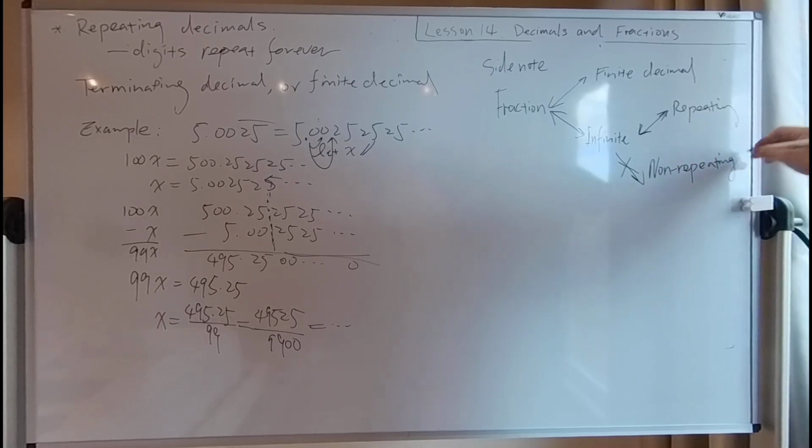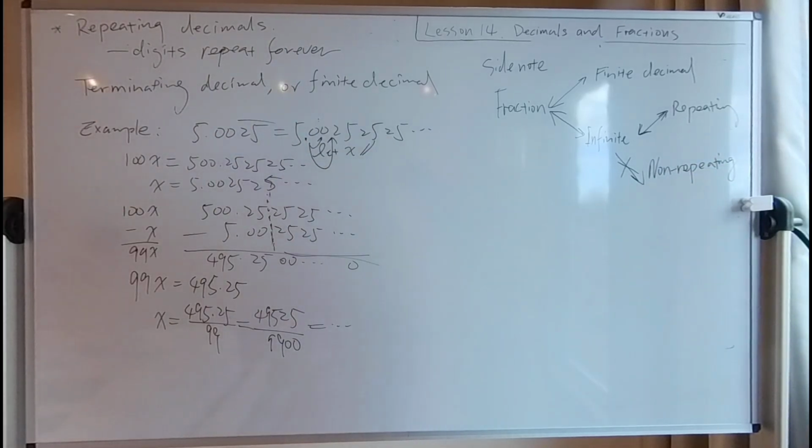So there exists a special case of the decimal number. It has infinitely many digits, but none of those digits, or none of any combinations of them, has repeating terms. So it's a non-repeating infinite decimal.